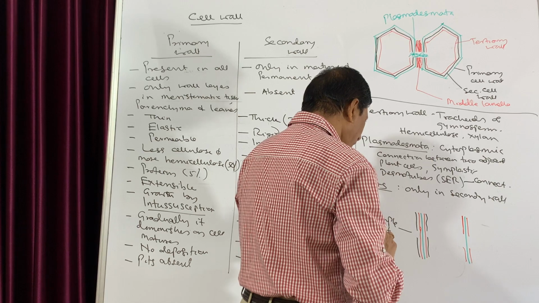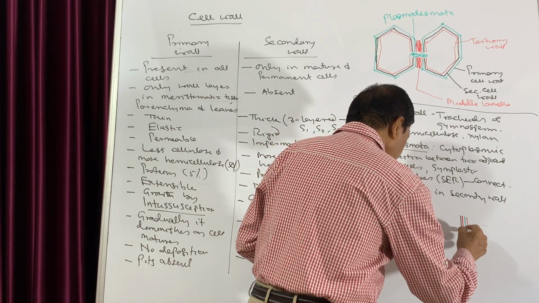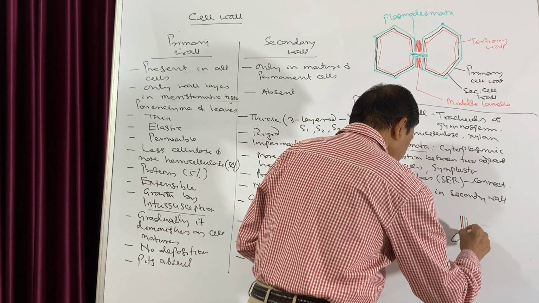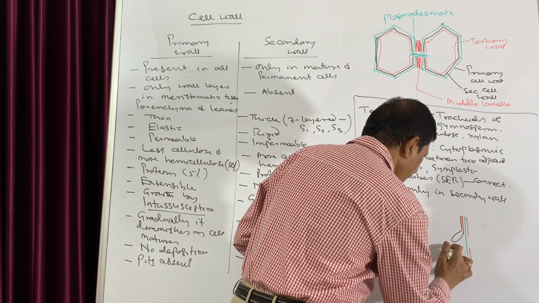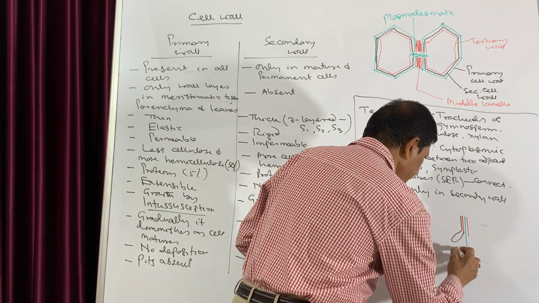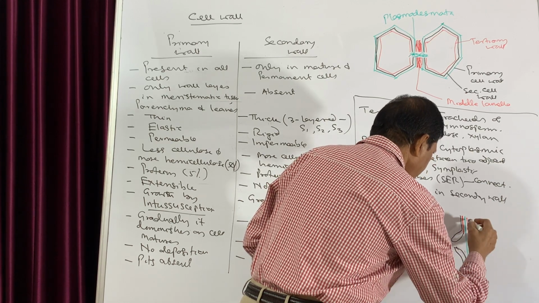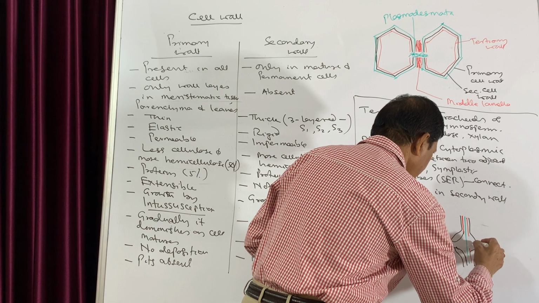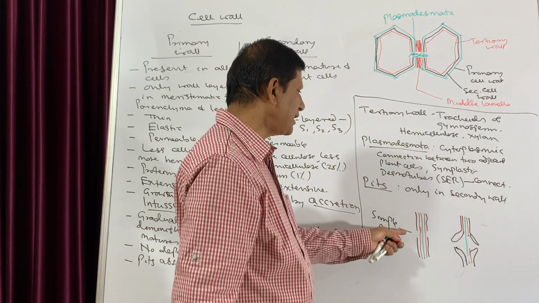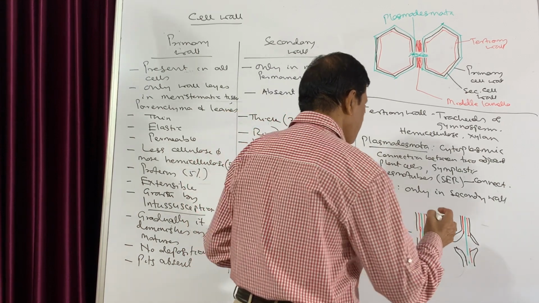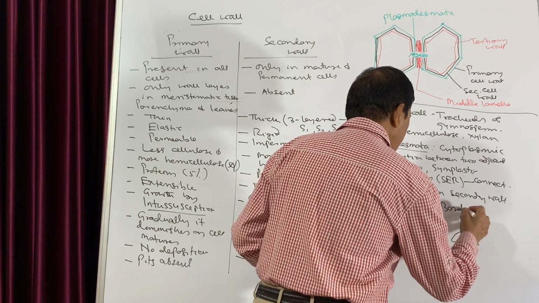Now the primary wall and secondary walls will be bulged. Now see, this is simple pit, while this is known as bordered pit.